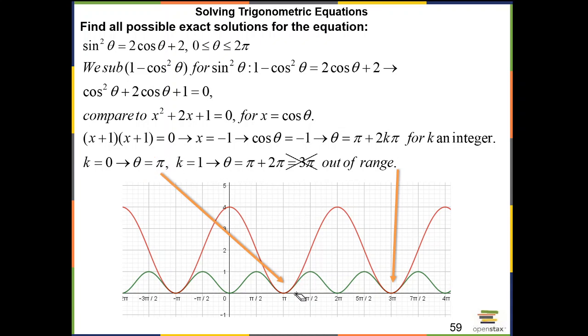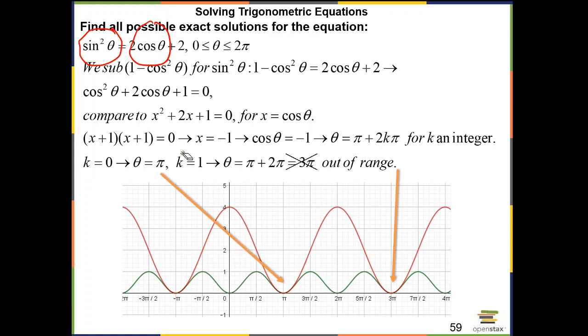And if you think of this as, again, sine squared is one function and 2 cosine theta plus 2 is another. If you graph them, that red graph is sine squared, and the green one is 2 cosine theta plus 2, so it has moved up to 2.